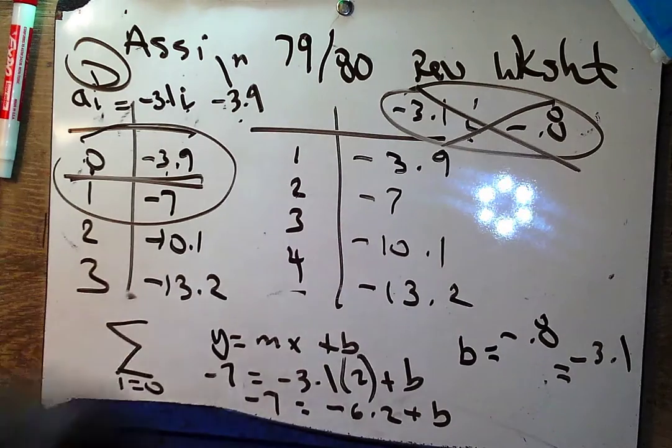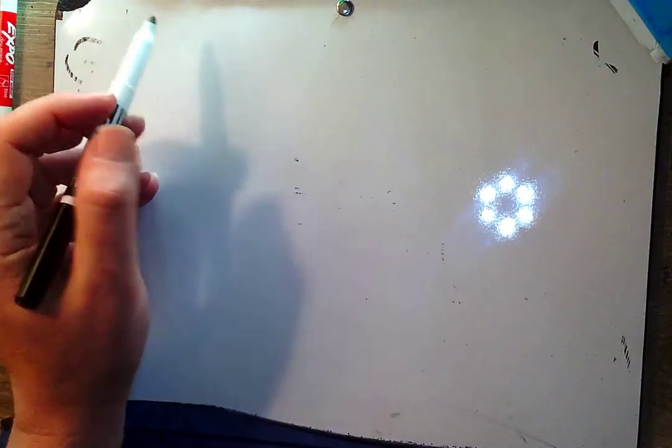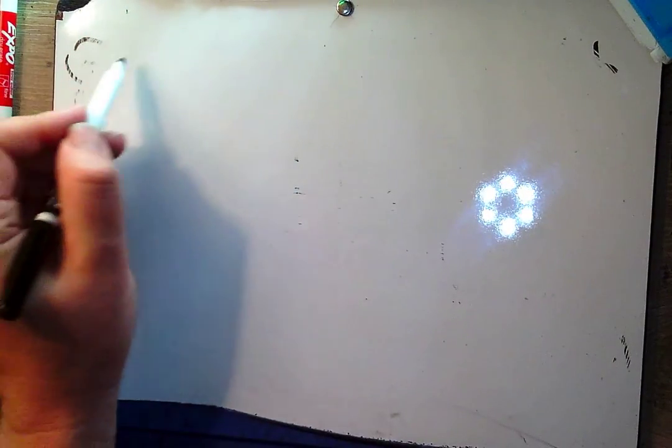Let's see. Where are we now? We're at 4. Find the sum of the infinite series in each case.